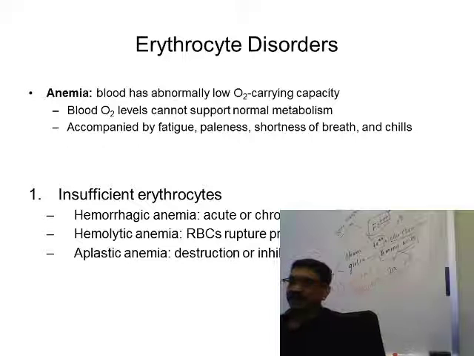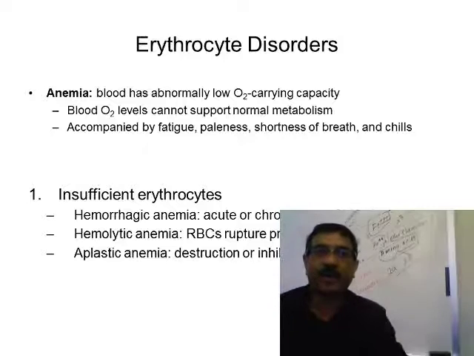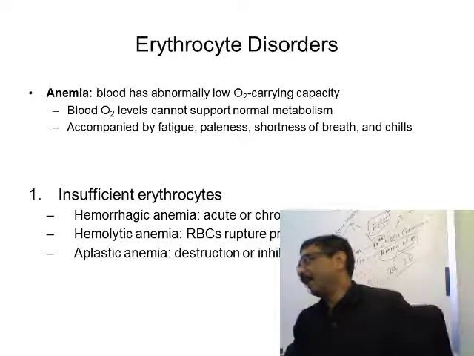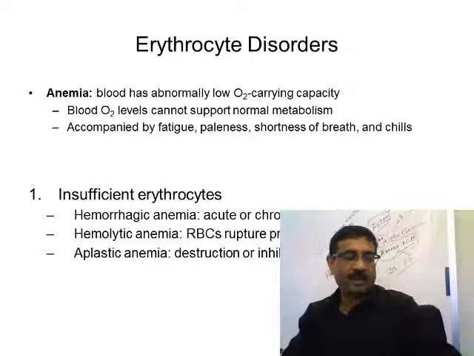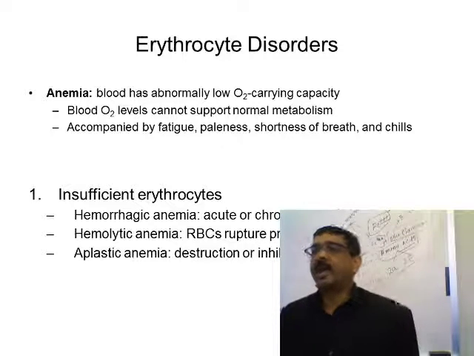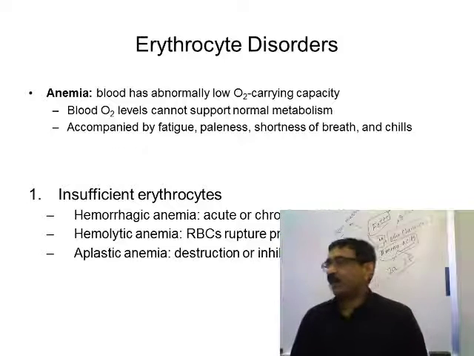So the count of red blood cells will stay low because the bone marrow is not producing enough red blood cells. Now, how can the red bone marrow get inactive or depressed or destroyed? There are many reasons. One is drugs, some medicines.